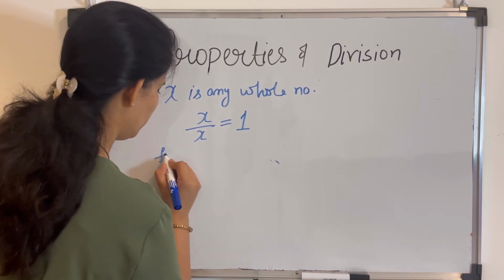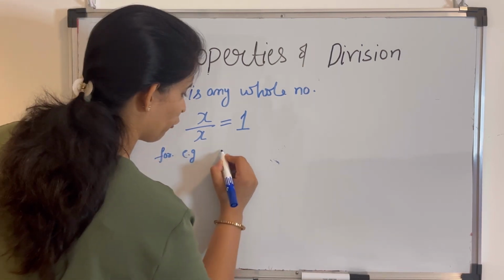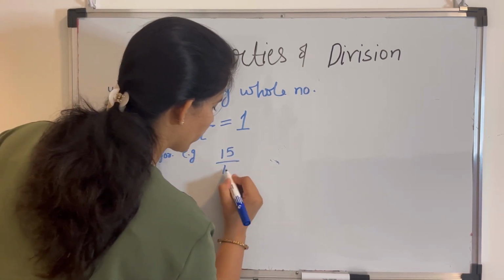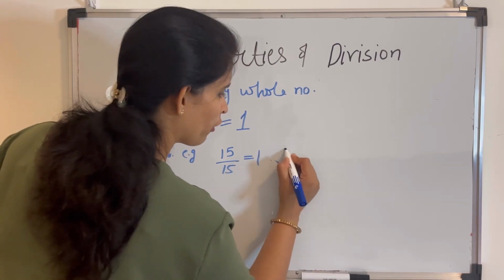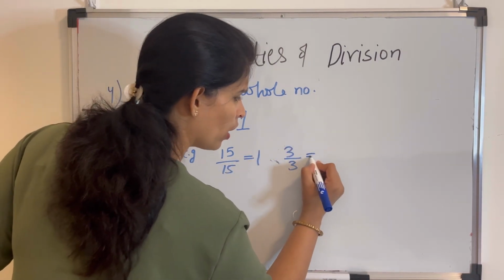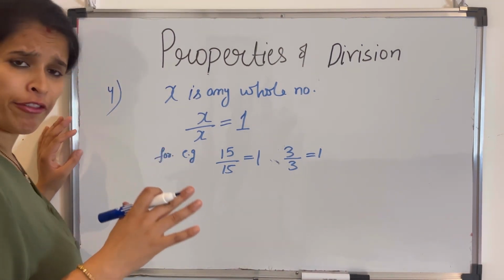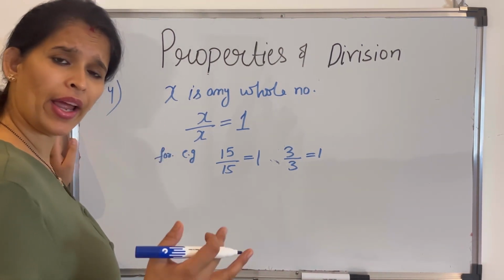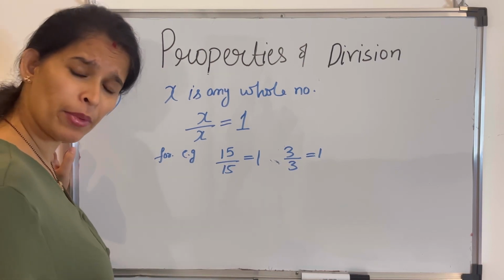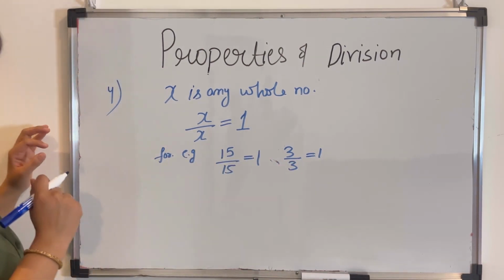For example, 15 divided by 15 is 1. 3 divided by 3 is 1. So this property means whenever we divide any non-zero whole number with itself, the result will be 1.